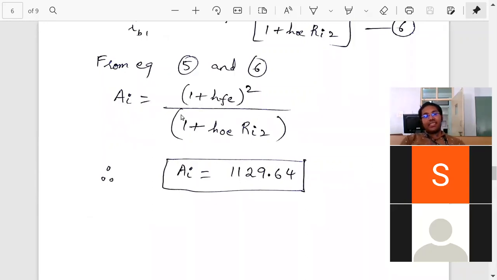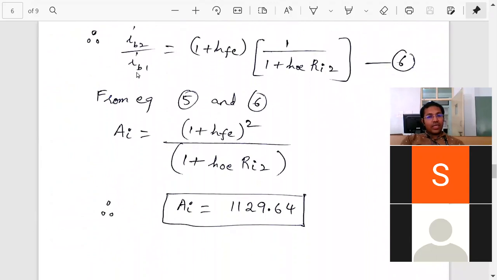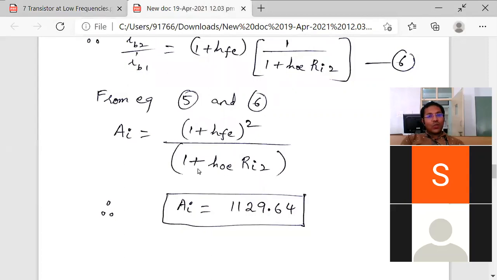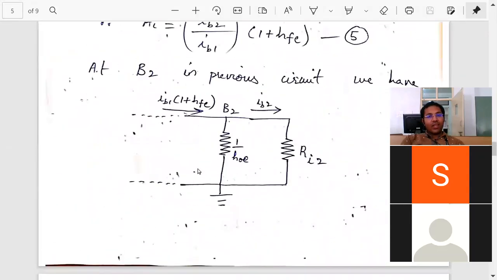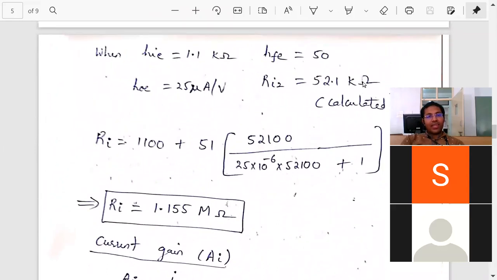HFE is 50, isn't it? HOE is 25 micro. Ri2 we got 52.1 kilo ohm.